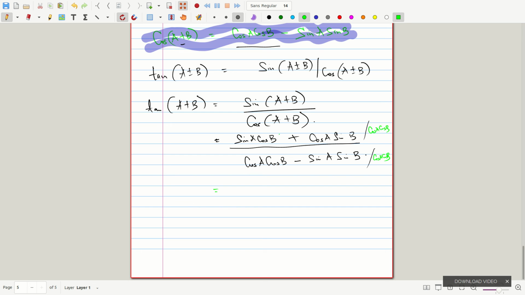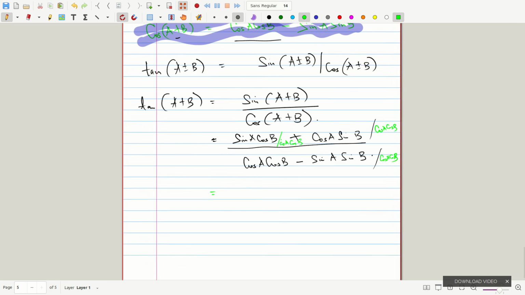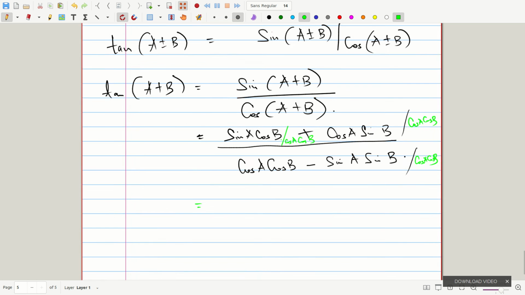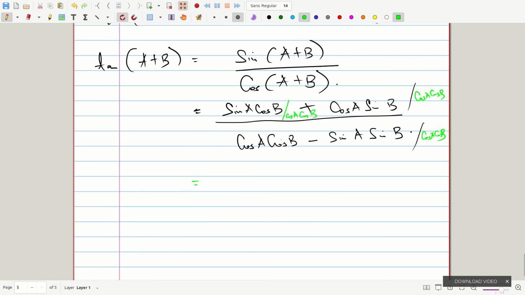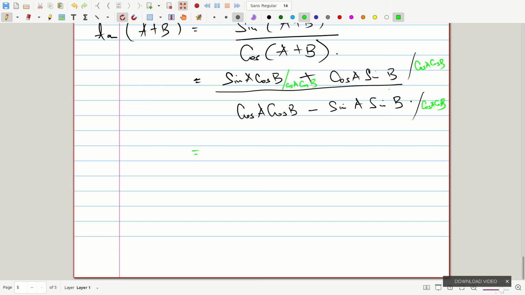Maybe let us do it very quickly here. We divide through by cos A cos B. So sine divided by cos, of course.